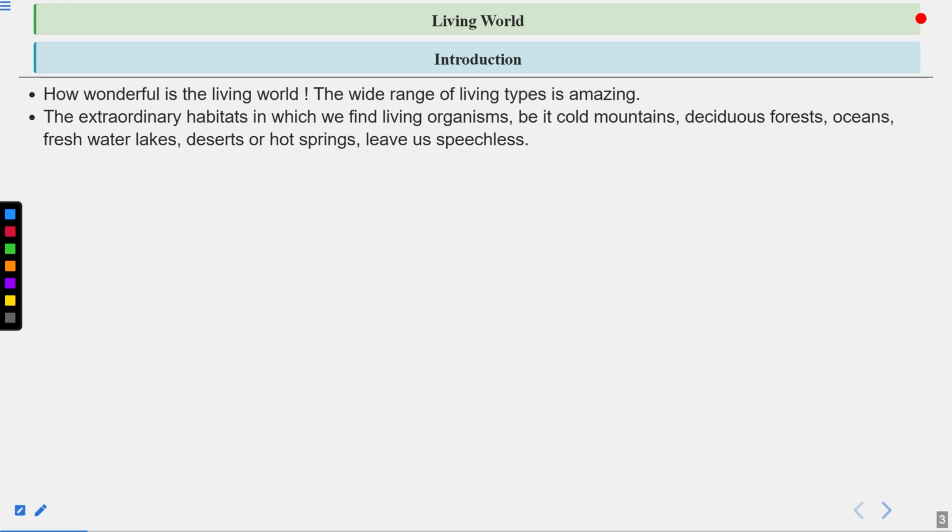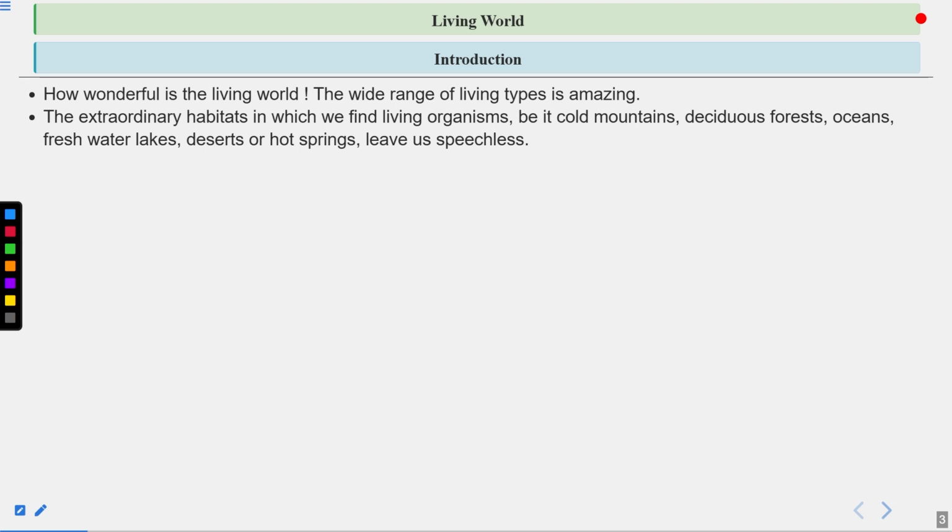So what is a deciduous forest? Here the trees shed their leaves annually, especially during the fall, and then they regrow the leaves during the spring. You can see a lot of organisms living in this deciduous forest. Then you have oceans, which have their own kind of biodiversity.